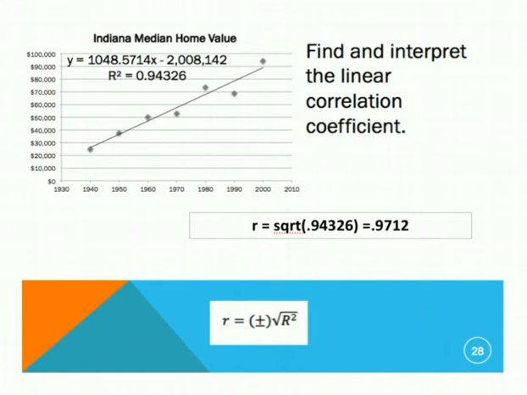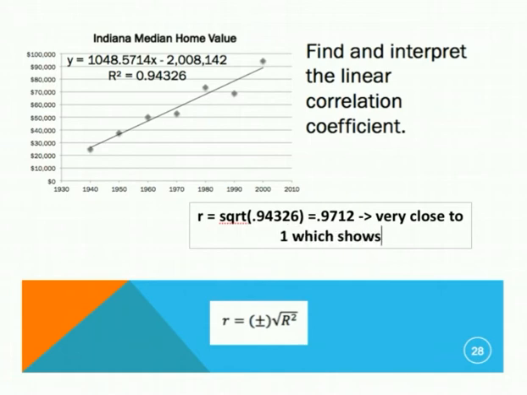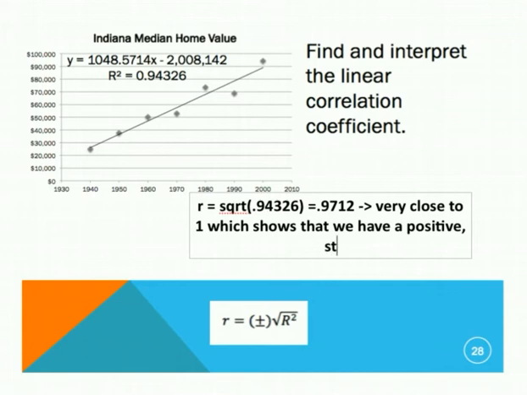And again, if we had a negative correlation, where you had a line that was decreasing over time, then you would put a negative sign out front. But I would say that this is very close to 1, which shows that we have a positive, strong, linear relationship, all right?